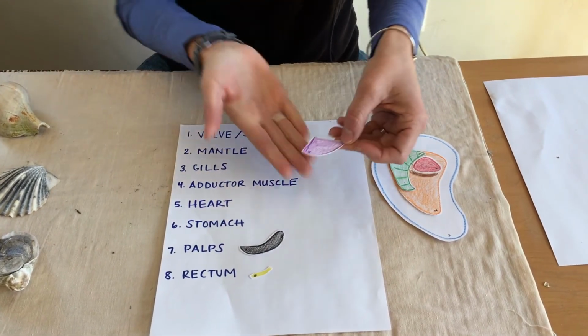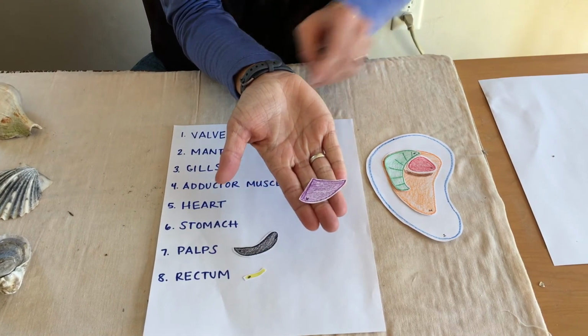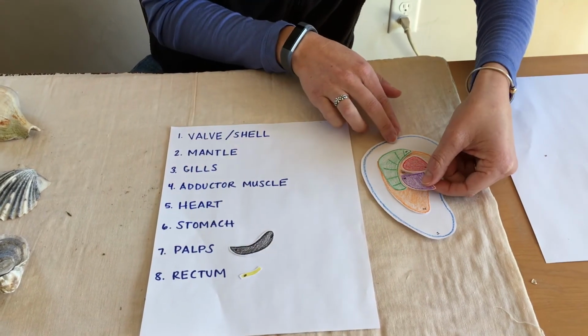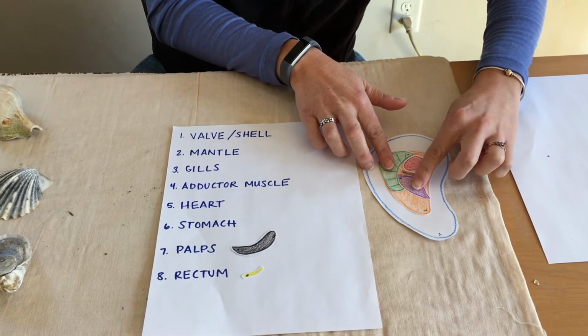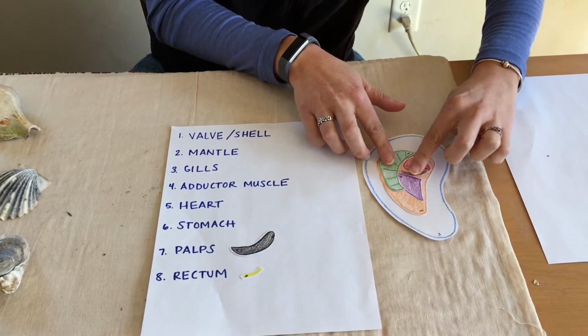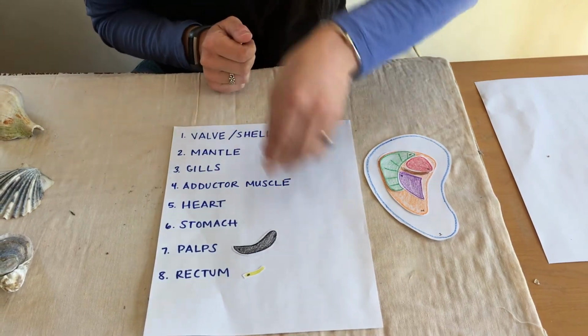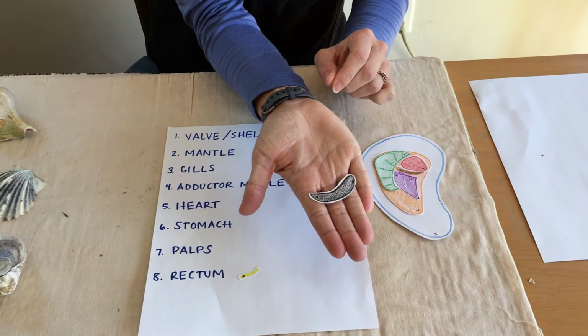And then below that is the stomach. So find your shape like this, and that will go right in here. I might have to overlap a little bit sometimes, depending on how you cut them out. Next, the palps.